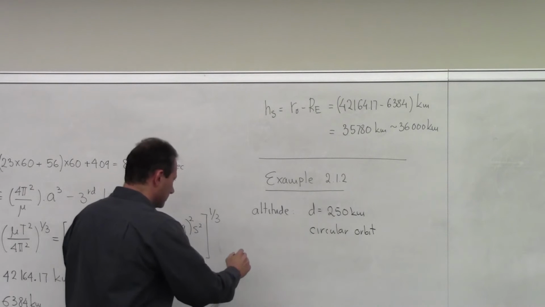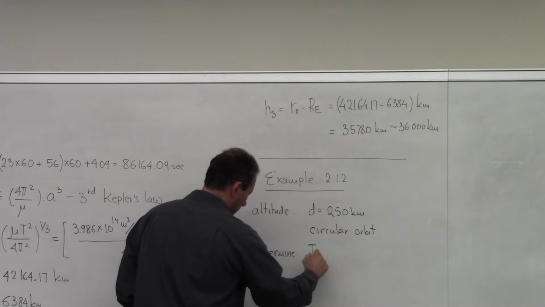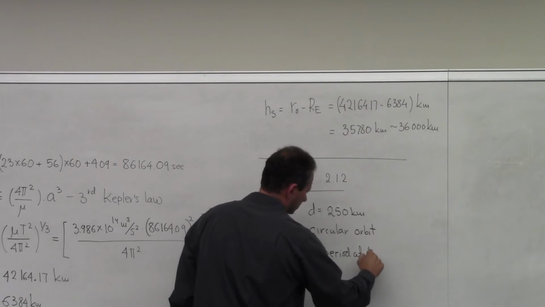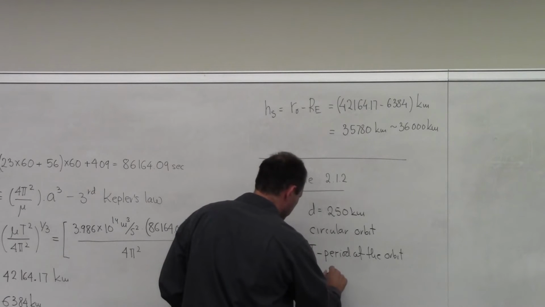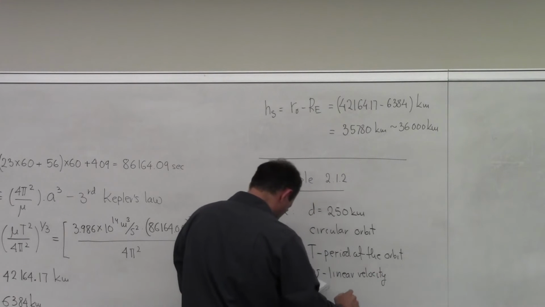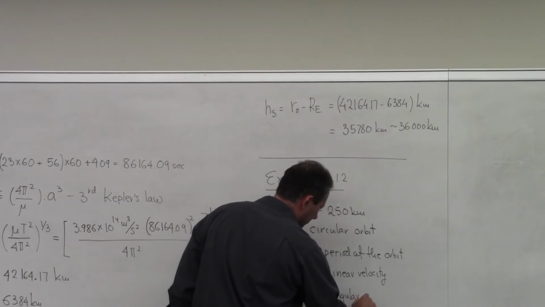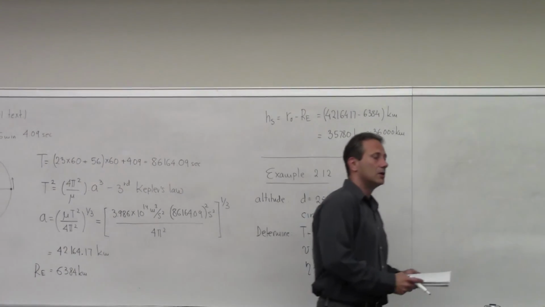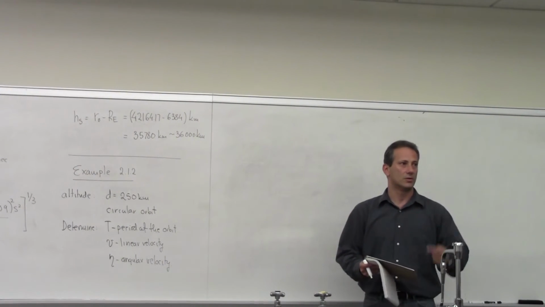And it says here, determine T, which is the period of the orbit, the linear velocity of this satellite, and the angular velocity. Now, since you're moving here on a circular orbit, your angular velocity is the same as the average angular velocity, because you're always moving at a constant speed.